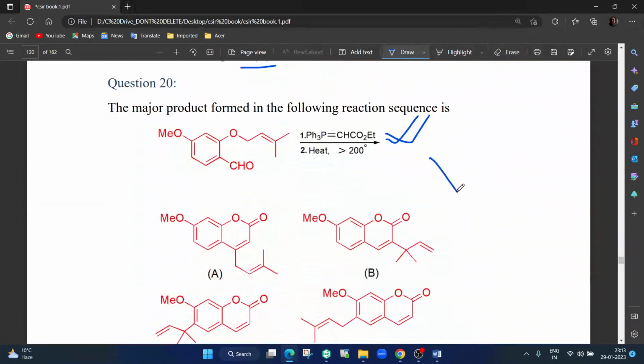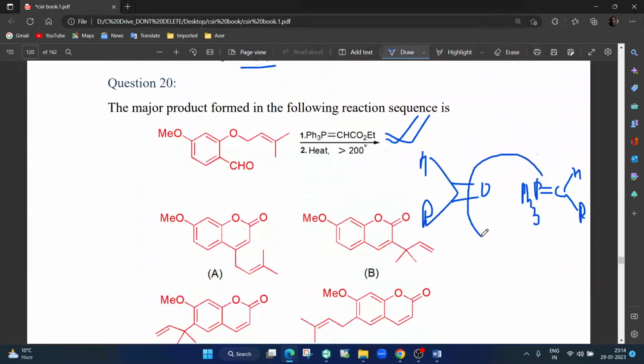In a Wittig reaction you are having an aldehyde, right, or ketone, and then you are having another species where PPh3 is there, and a double bond to C, and then let us take H and R. We know phosphorus is not happy double bonded with carbon, it is very happy double bonded with oxygen.